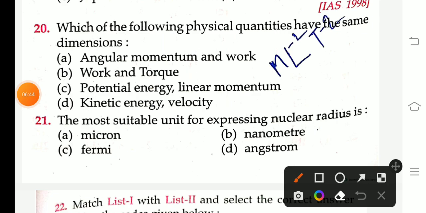Which of the following physical quantities have the same dimensions? Work and torque. The most suitable unit for expressing nuclear radius is Fermi.